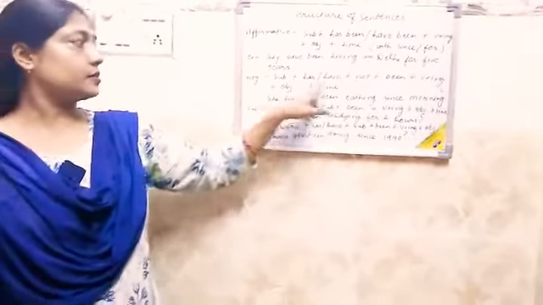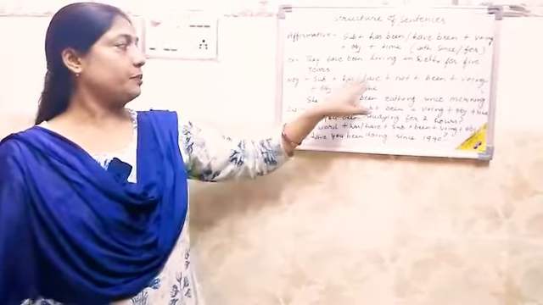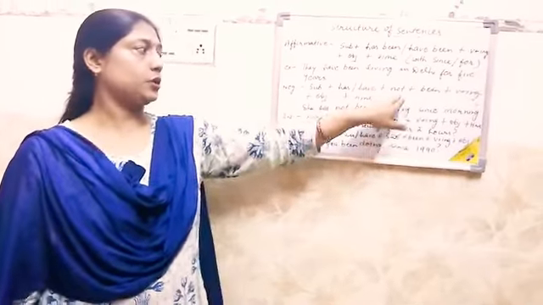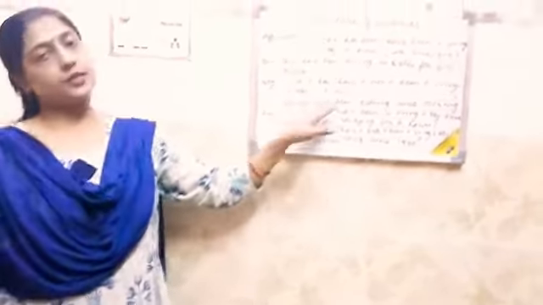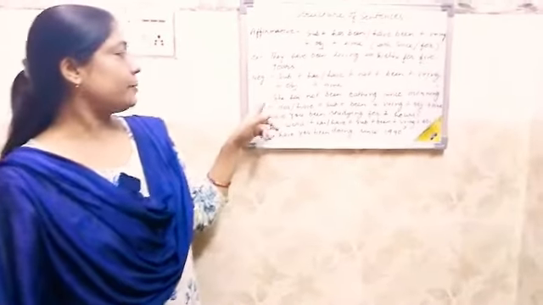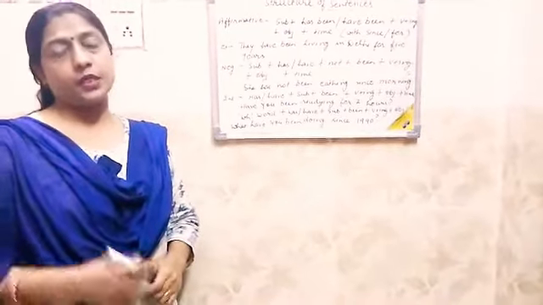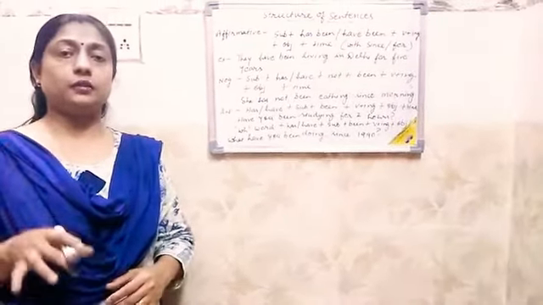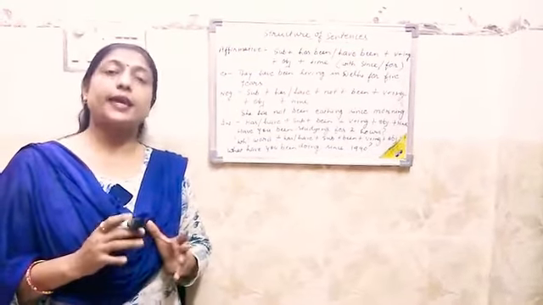Negative sentences, not is used after has or have. Subject plus has, have plus not plus been plus ing form of verb, then object plus time. For example, she has not been eating since morning. The times of a day, morning, noon and evening, night, these are considered as exact time.